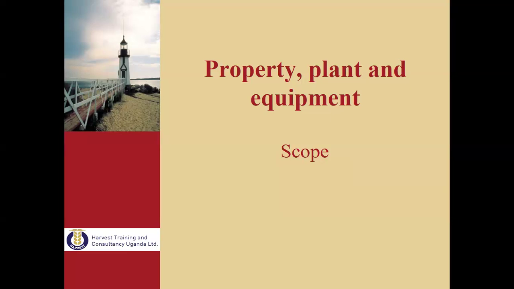And we shall see determination of their carrying amounts, depreciation charges, impairment losses that are related to these assets. So we are going to look at all those terms and how they come into play as far as property, plant, and equipment is concerned.